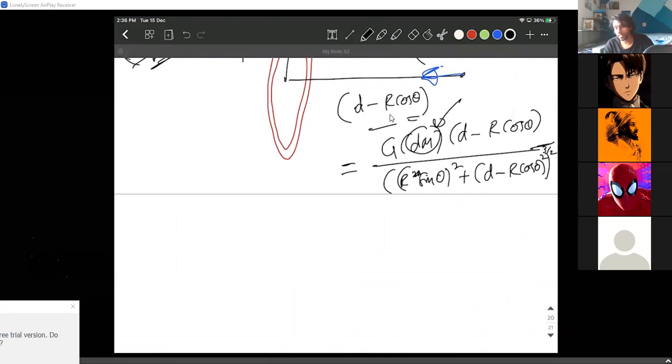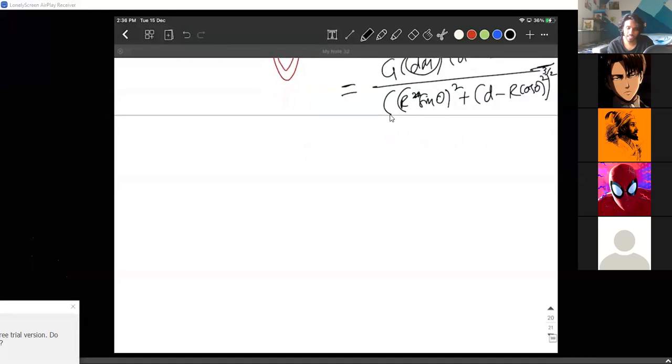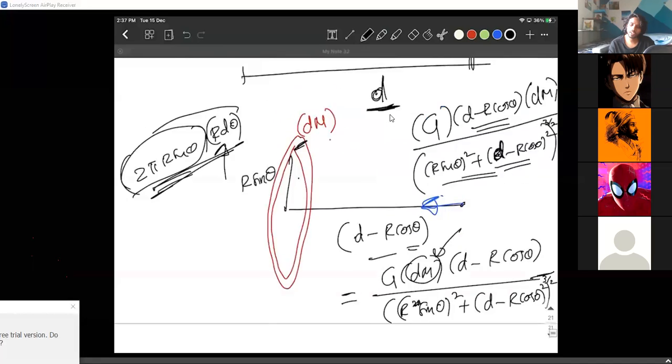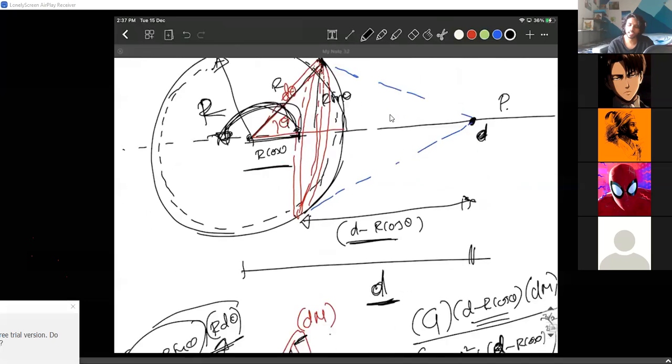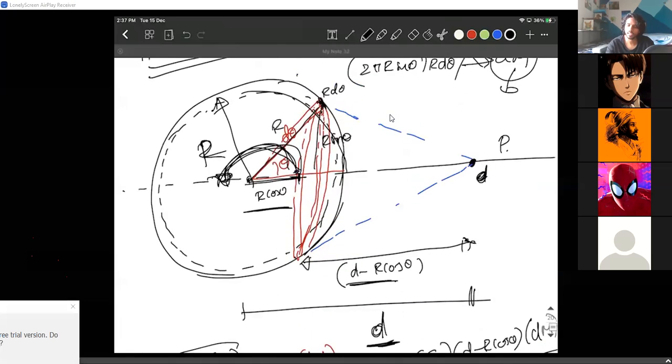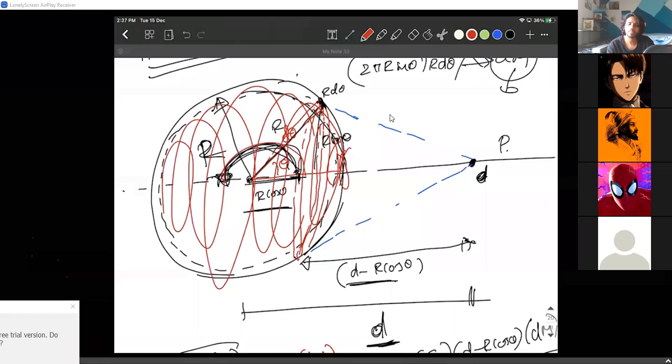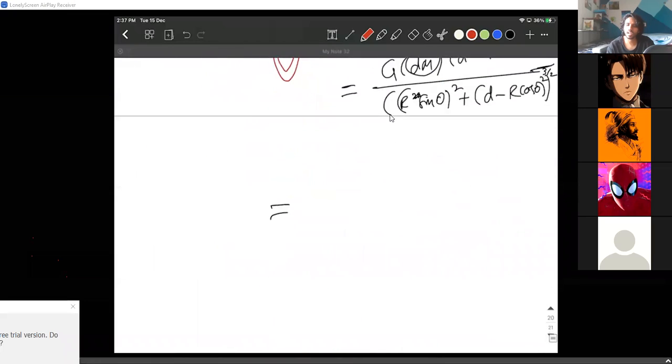Now do you feel like you are scientists already? I'm not going to continue the method. And then when you integrate it, the angle from 0 to pi, which means I'm integrating all the rings. I hope you're getting my point. I'm covering all the rings, which covers the entire sphere for me.